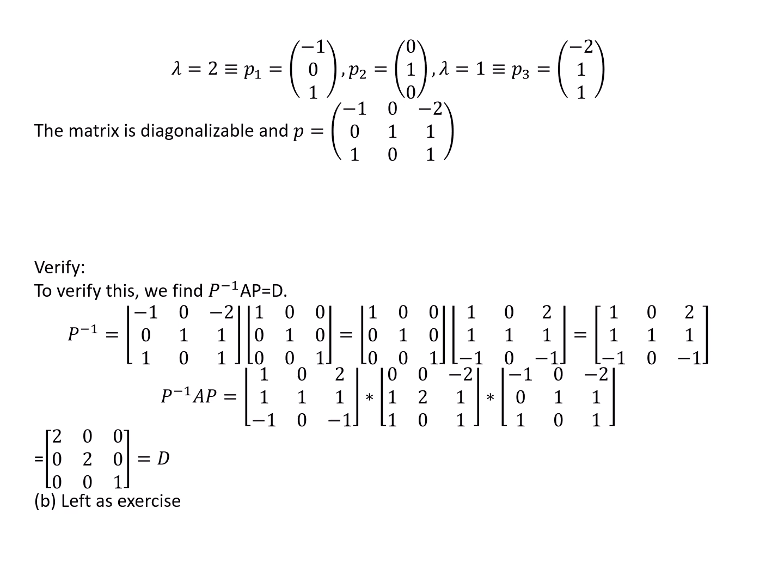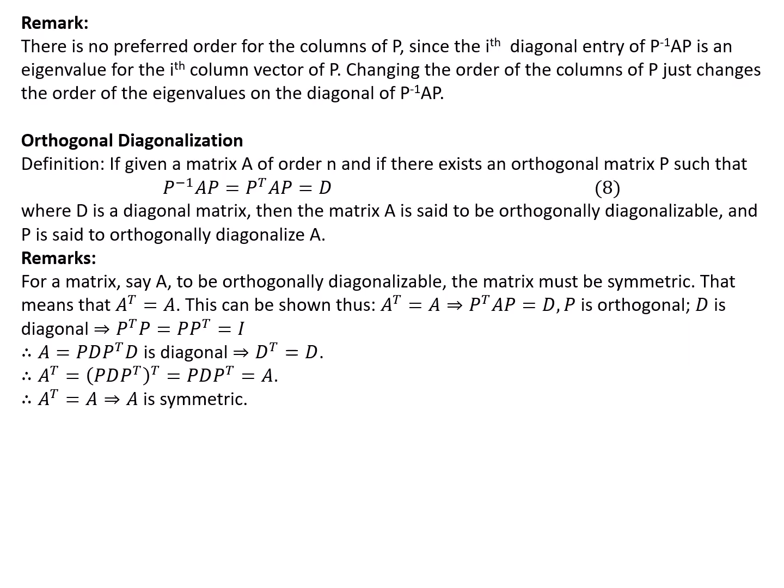That is matrix B. Remark: there is no preferred order for the columns of P, since the diagonal entries of P inverse AP are eigenvalues for the corresponding column vectors of P. Changing the order of the vectors of P just changes the order of the eigenvalues on the diagonal of P inverse AP. Orthogonal diagonalization.